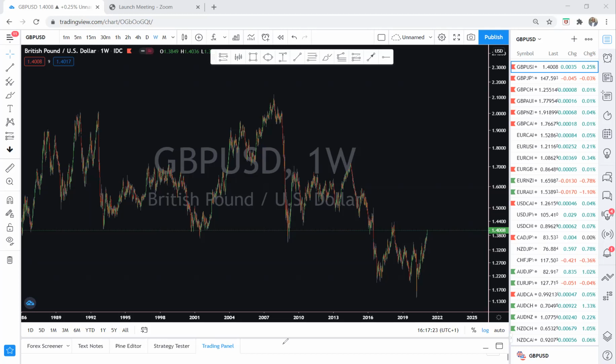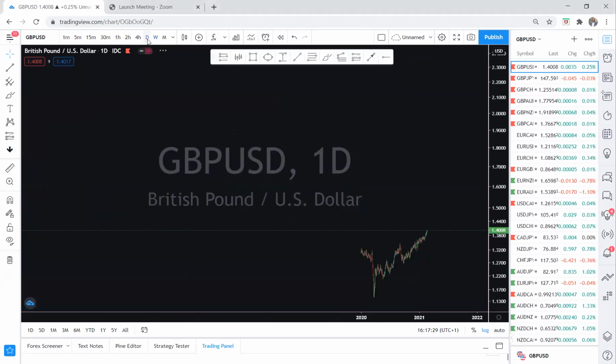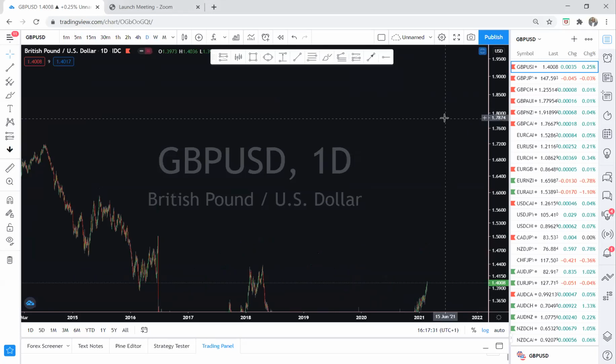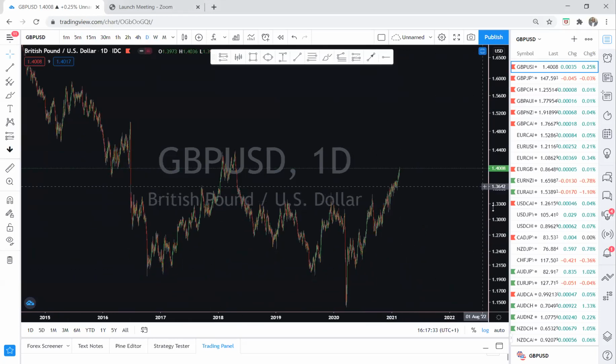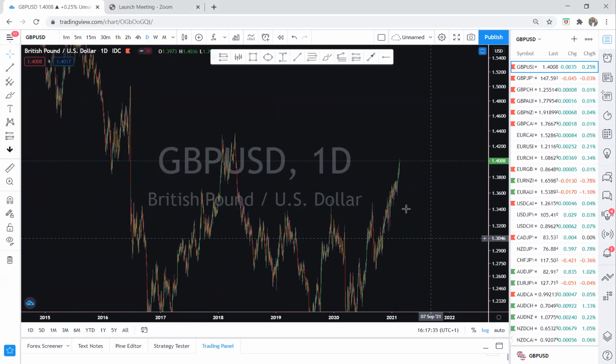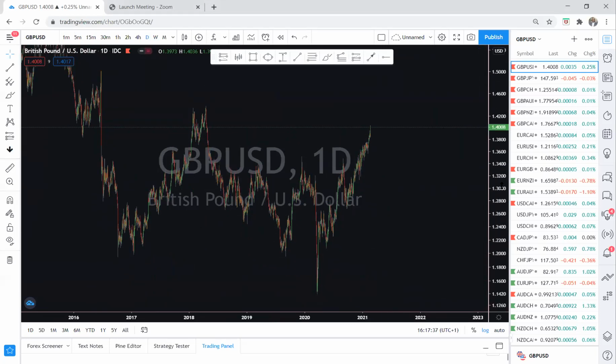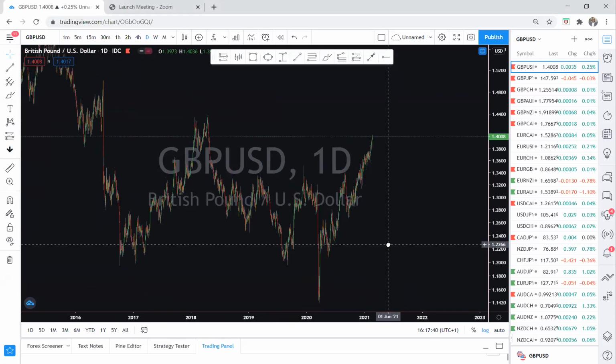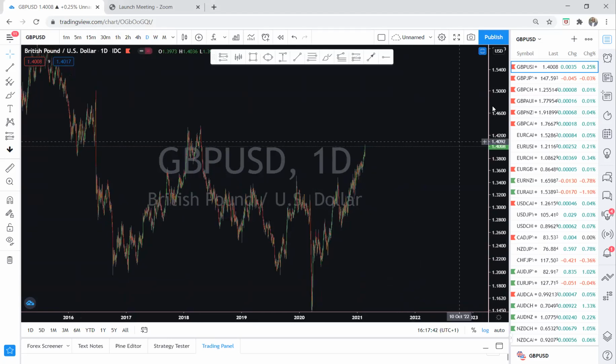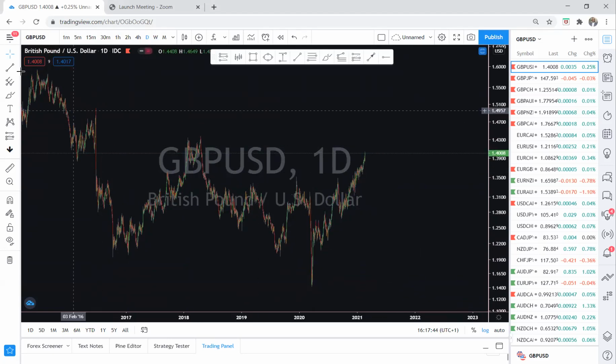Let's check the daily time frame and see what GBP USD is doing at the moment. You can see gradually it's pushing up on the daily. It's not advisable for anybody to buy GBP USD at this level except it makes a decent correction.